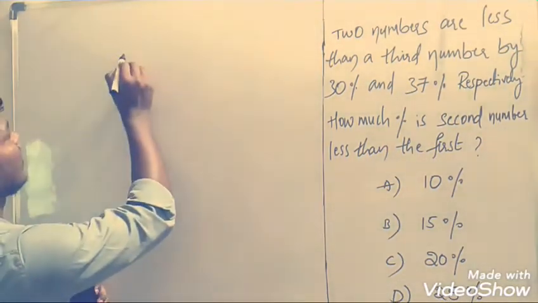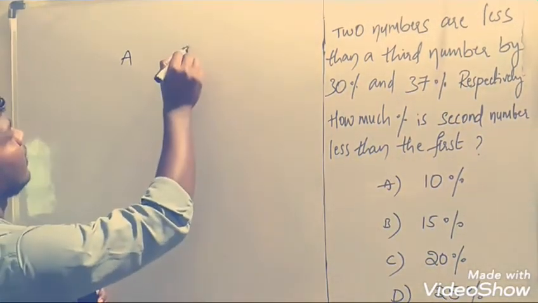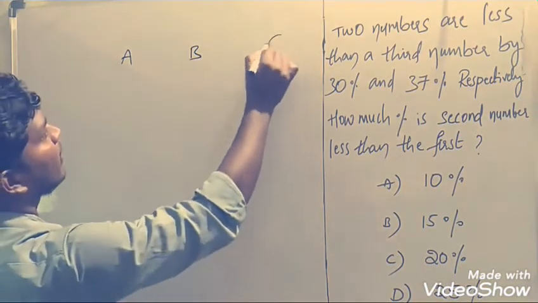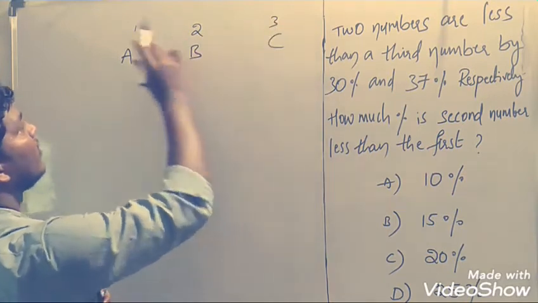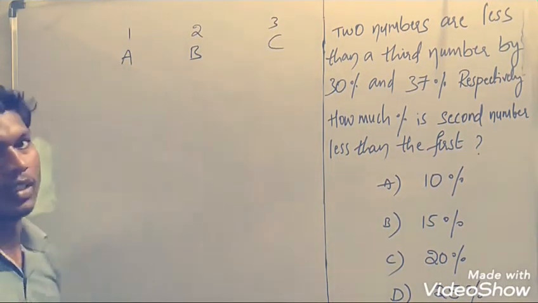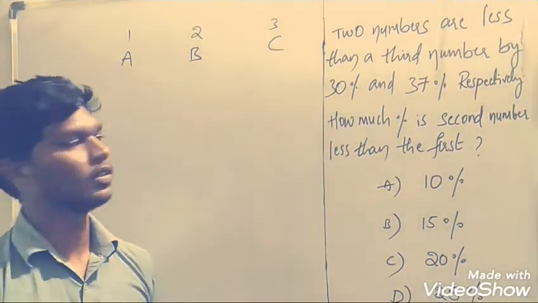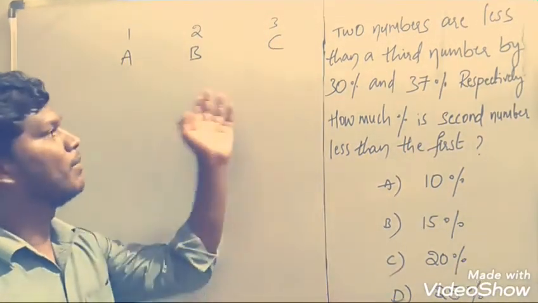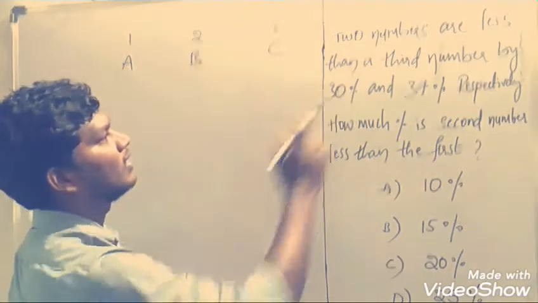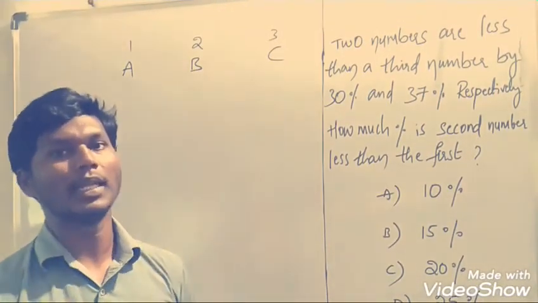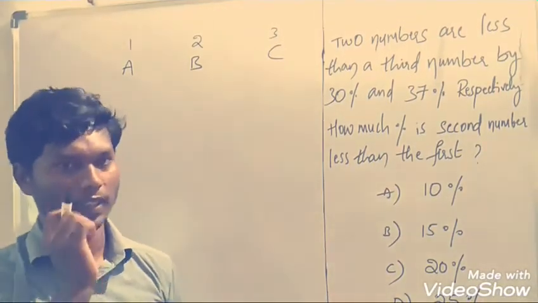So let us take the first number is A, the second number is B and the third number is C. So this is first, this is second and this is third. Okay friends, so he is talking about 3 numbers. So let us take A, B, C, and he is saying that the 2 numbers are less than a third number by 30% and 37%.